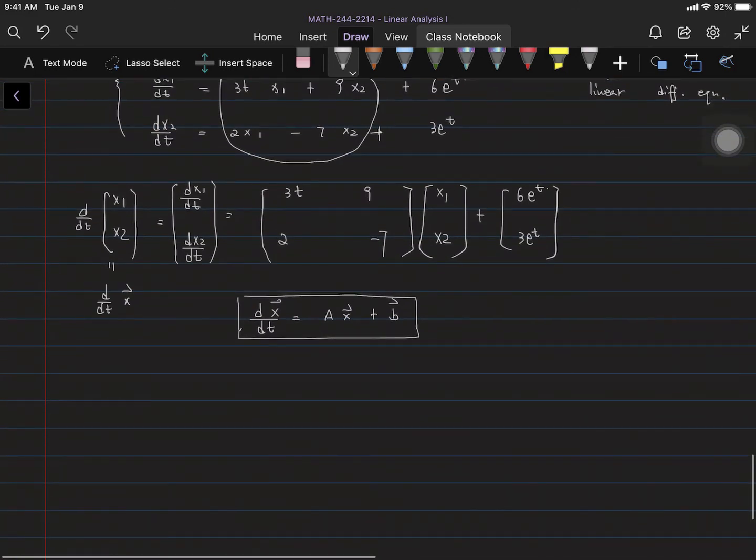Okay, let's take a look at another example. Let's rewrite a linear system, given the vector formulation of the system of equations. Find the vector formulation for the system of equations.